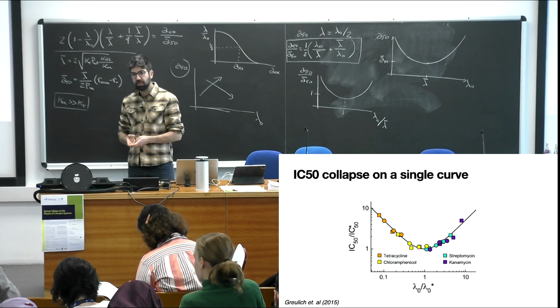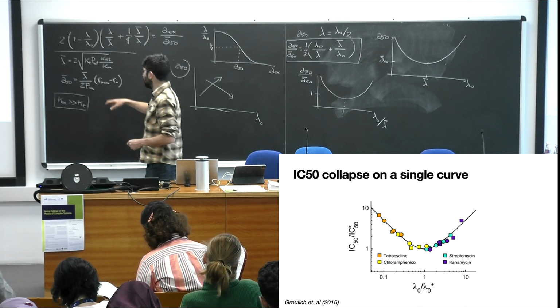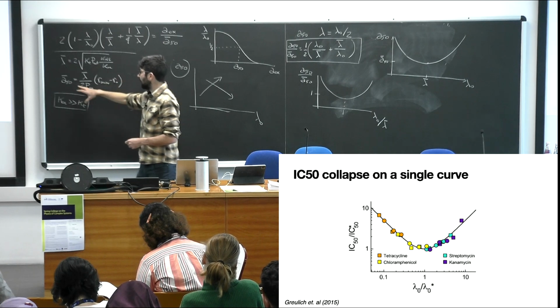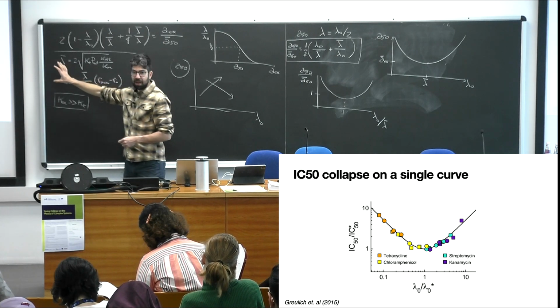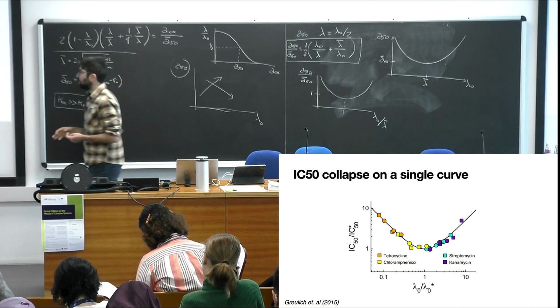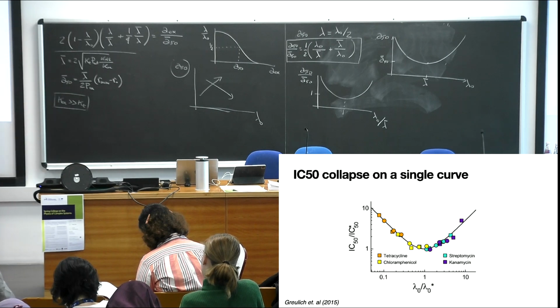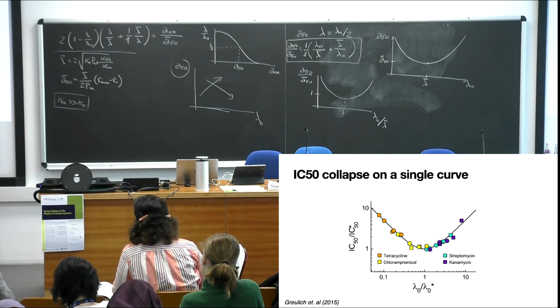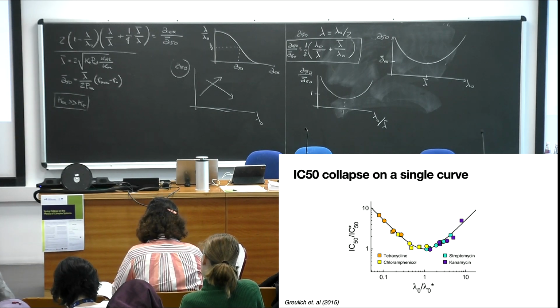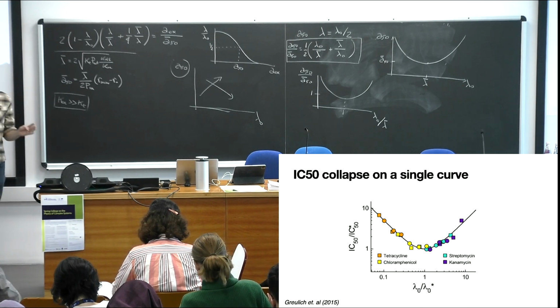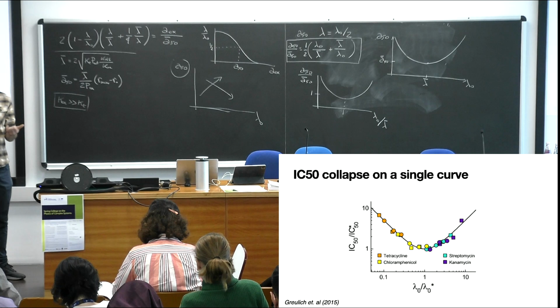So these two values here, A bar 50 and lambda bar, determine the value of the inhibitory concentration here, and the scale of the growth rate at which you have the two phenomenologies, the two regimes.